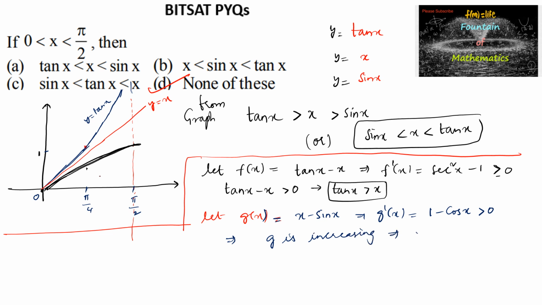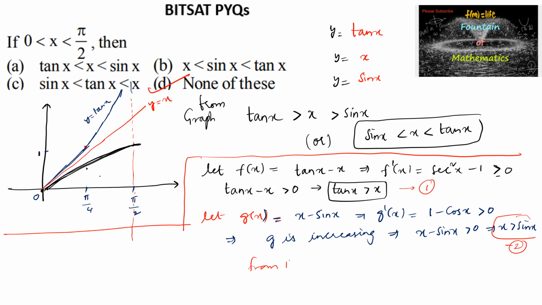So x minus sin x is positive, that is x is greater than sin x. So tan x is greater than x and x is greater than sin x, from 1 and 2.